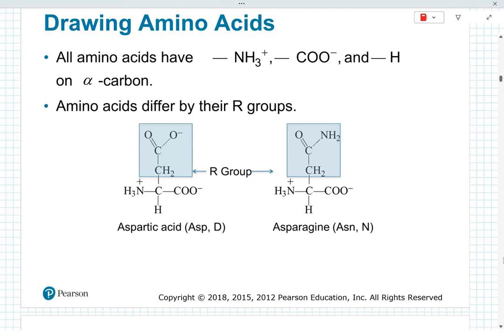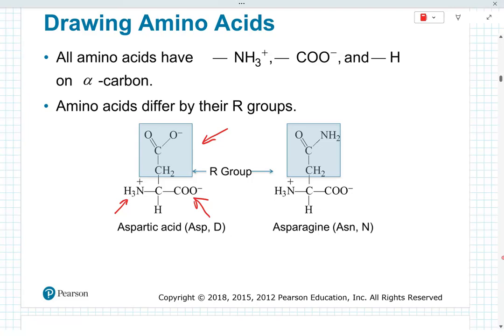I don't think it's even formally written. But the good tradition is that the ammonium group is on the left, the carboxylate group is on the right, and the side chain, the R group, is either, depending on what you want, top or bottom. It doesn't really matter. Okay? Good?